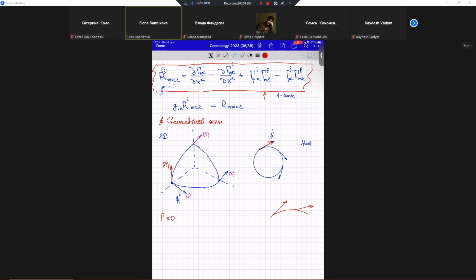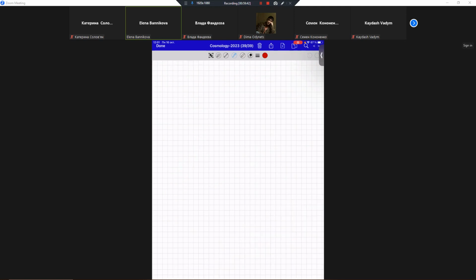But now I would like, as I promised before, to go to the properties of the Riemann tensor. I would like to work a little bit with Christoffel symbols, just to play with this, so that you feel it's not as complicated as it looks, and you will have your homework to calculate the components of Christoffel symbols.